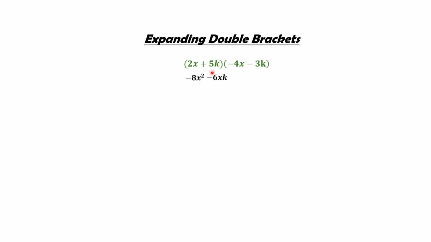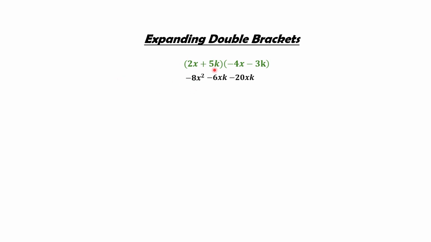So inside, 5k times negative 4x. 5 times negative 4 is negative 20, k times x is xk. So it's negative 20xk.